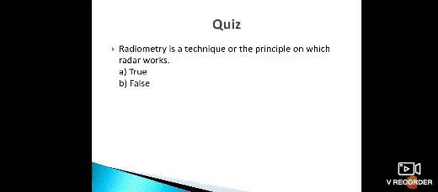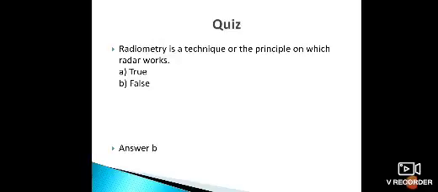That means whenever radar is working, on which technique does it work? Radiometry is a technique used for processing of radio signals, radio waves. Whether it is used in the radar system or not, true or false? It is false.